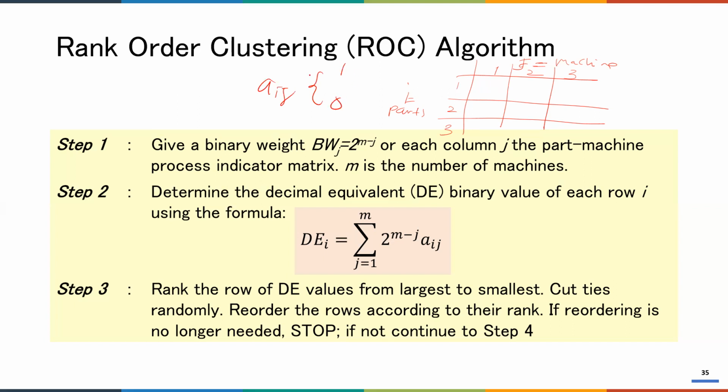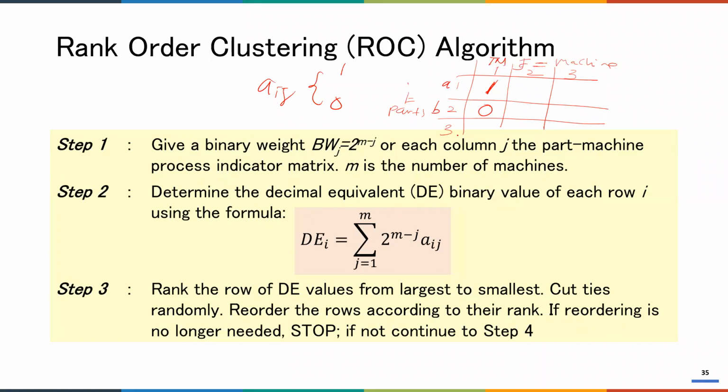If AIJ equals 1, it means that part I is being processed in machine J. So for example, if this is 1, it means that part A will be processed in, let's say, the Tourette machine. If it's equal to 0, let's say part B is not going to the Tourette machine.